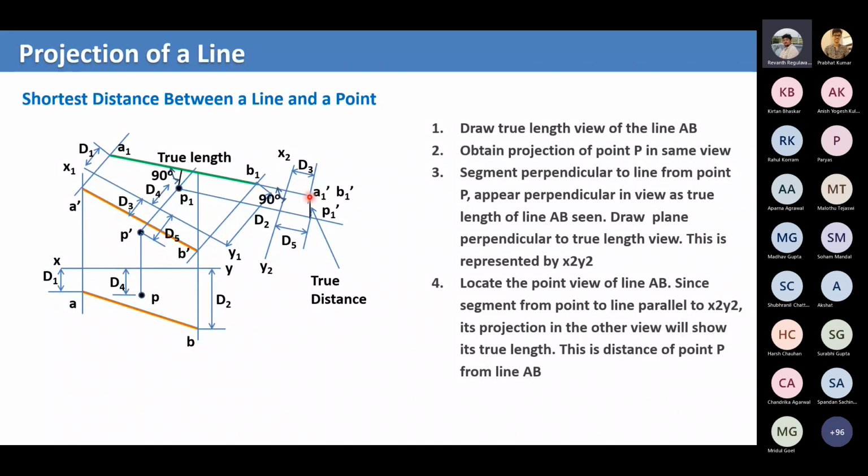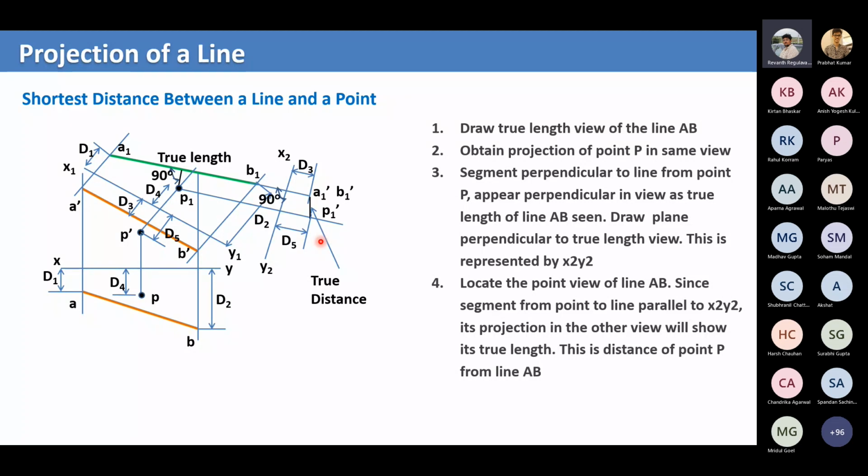This is our auxiliary front view. Now you also project this P1 using this auxiliary plane x2 y2, and you get the point P1 dash. Now it's simple. You measure the distance between A1 dash B1 dash and P1 dash. That gives you the true distance of a point from the line AB.